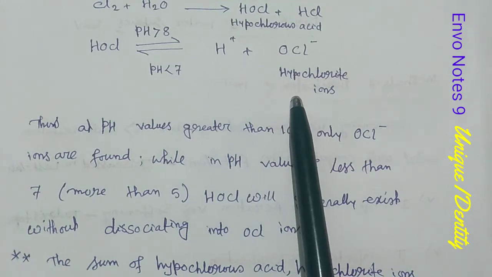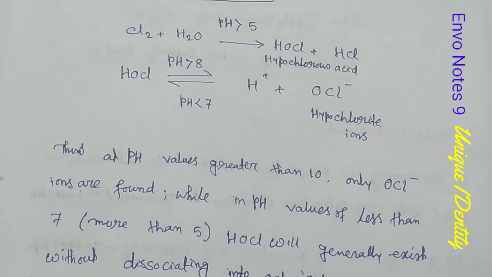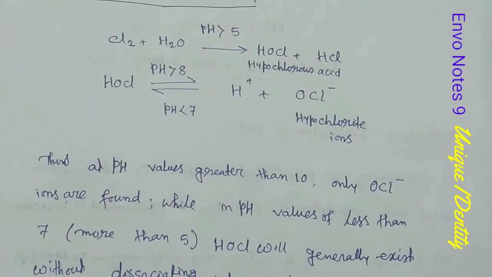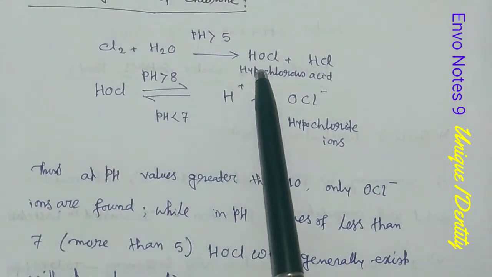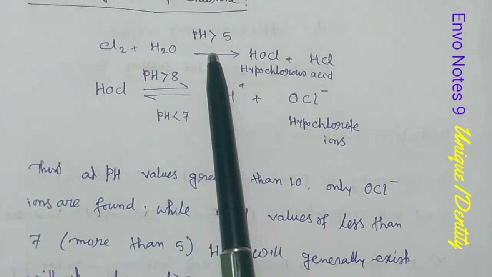And in the pH range below 5, chlorine does not react and remains as elemental chlorine. So to make hypochlorous acid, pH should always be greater than 5.